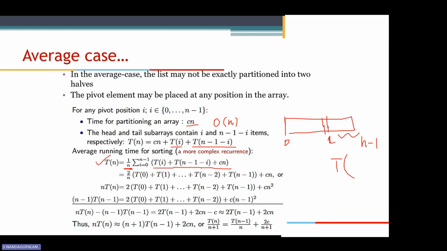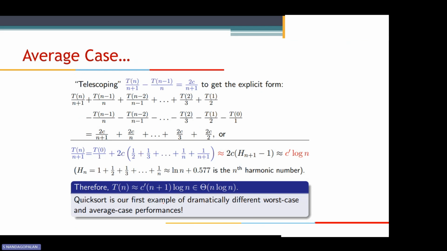You can do it. Keep doing this until the n minus 1th term and add up all of this. Do all this work. Finally, you will see that it becomes n log n, which is the average time complexity of quicksort.